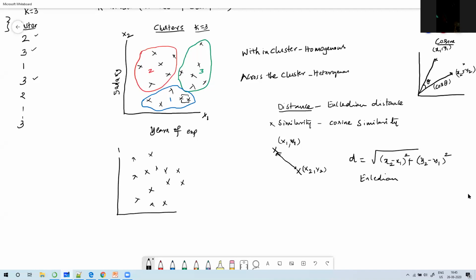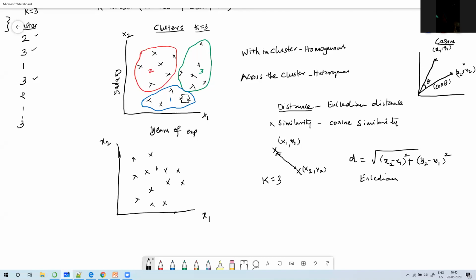This would look slightly different from the points that we have used already. This is our x1 and this is our x2 variable. You decide the value of k. I have decided the value of k as 3.